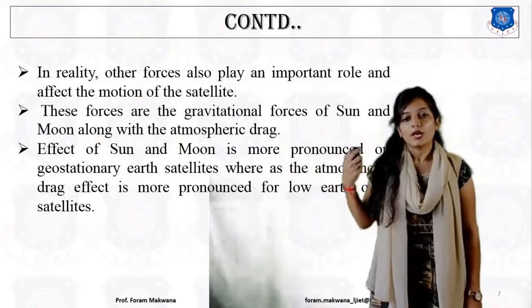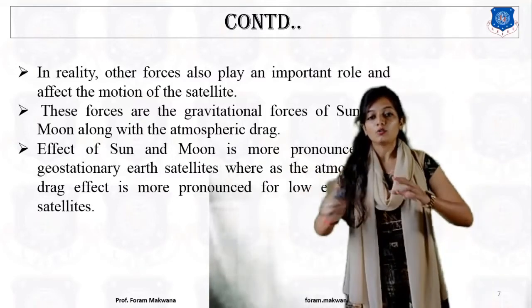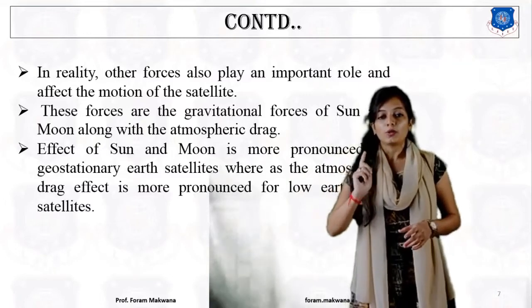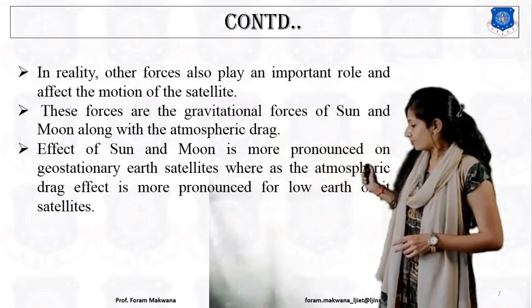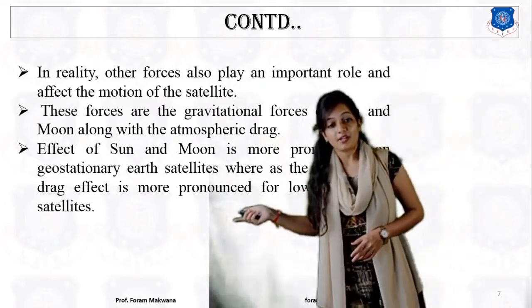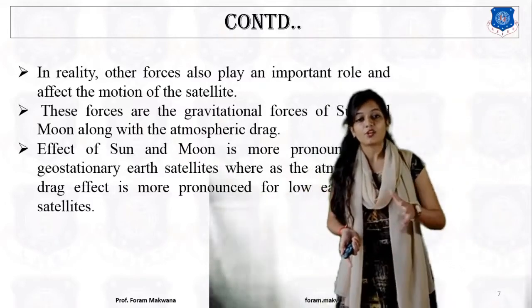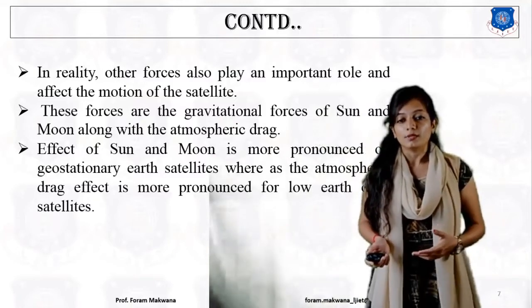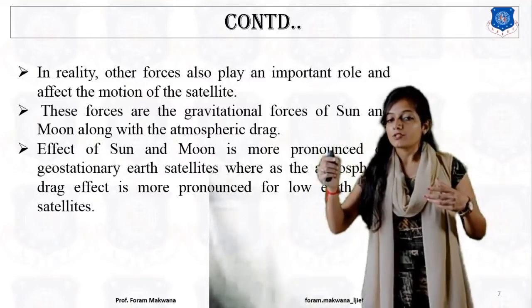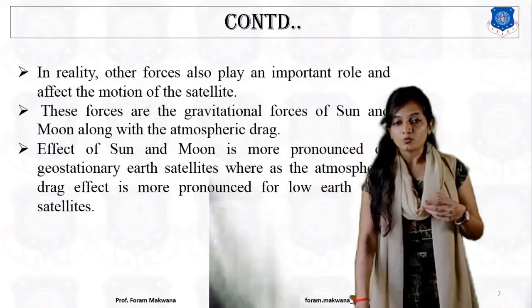Because it is approximately on the equatorial plane, on the equator of the Earth, whereas the atmospheric drag effect is more pronounced. That means the effect of atmosphere is more on the low Earth orbit, because that orbit is the only one which is nearer to the surface of the Earth.